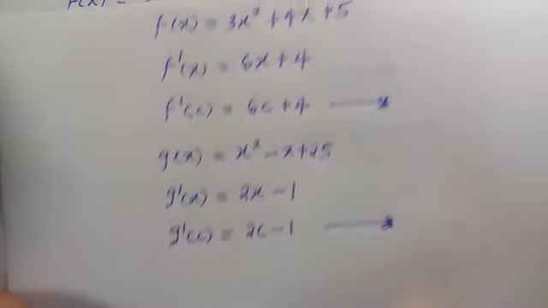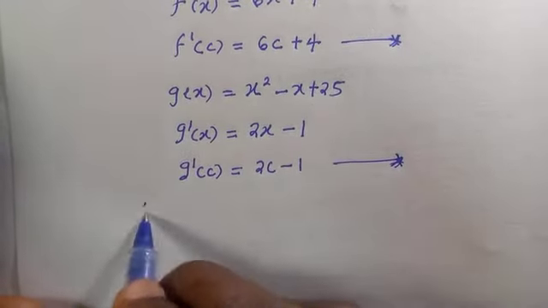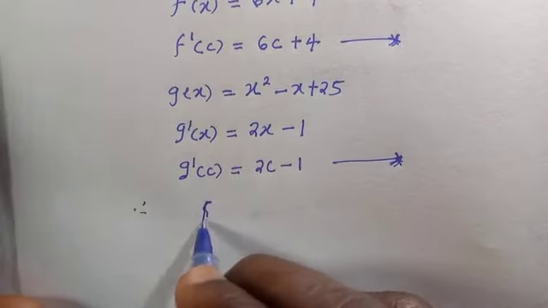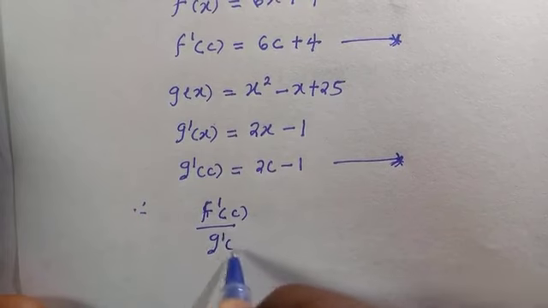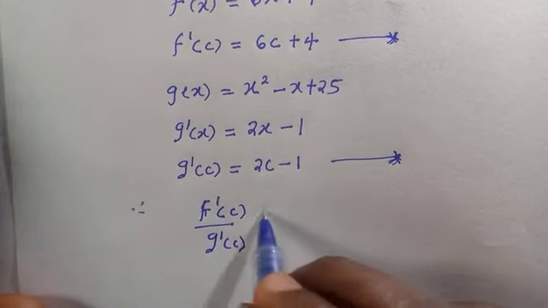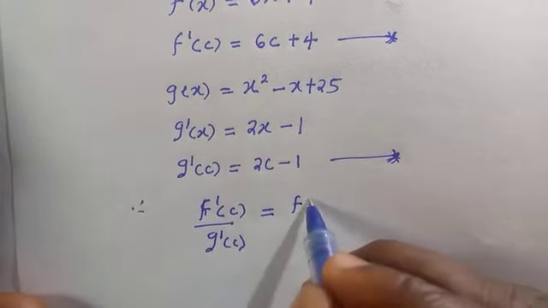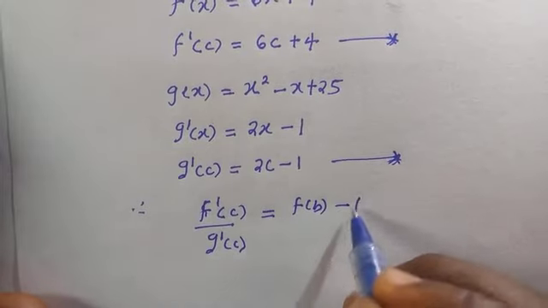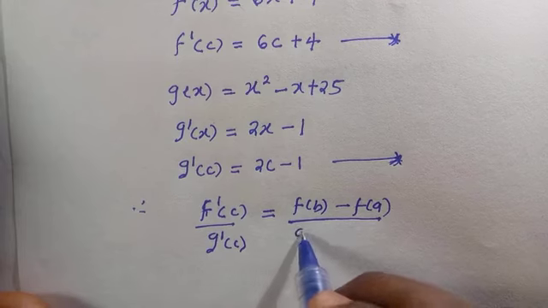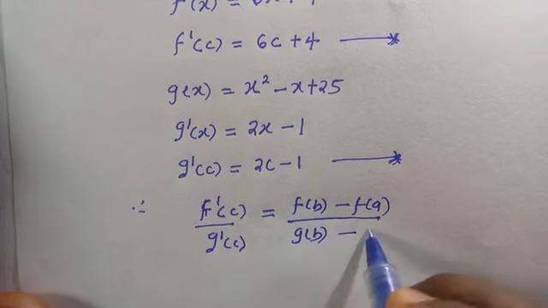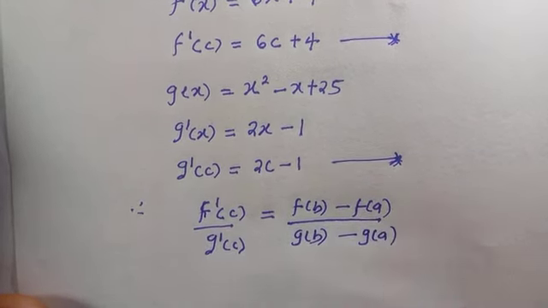I also star this. And so I will now recall the formula, which is f prime of c divided by g prime of c equals f of b minus f of a, all divided by g of b minus g of a.